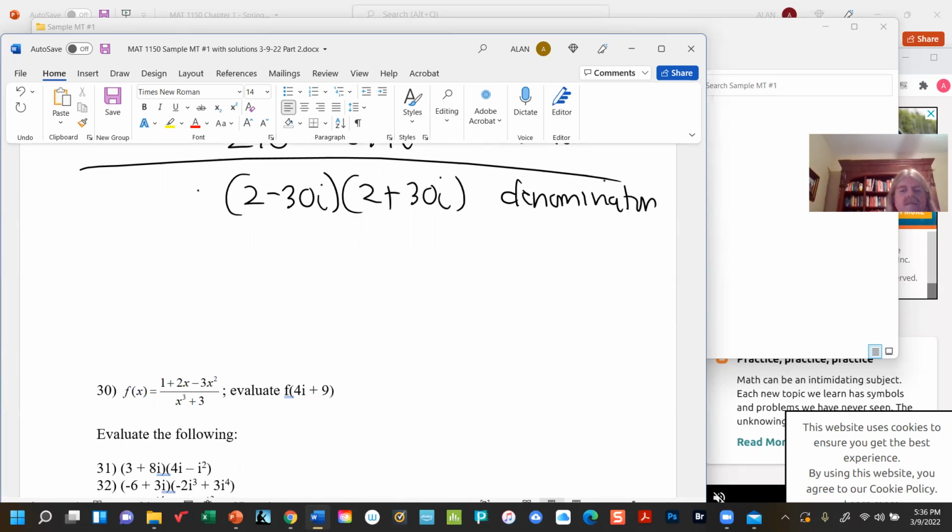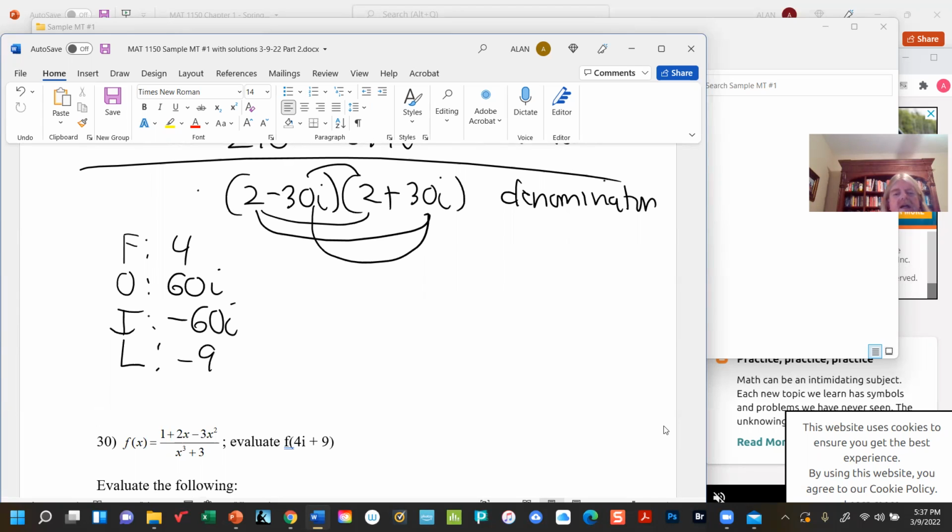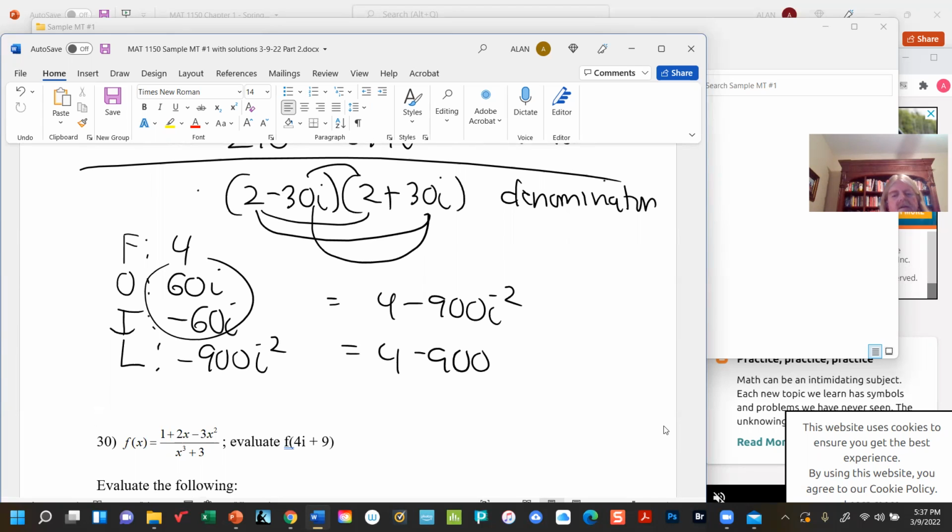All right, let's see what we get. 60i minus 60i. Ooh, not negative 900i squared. These drop out. This becomes negative 1.